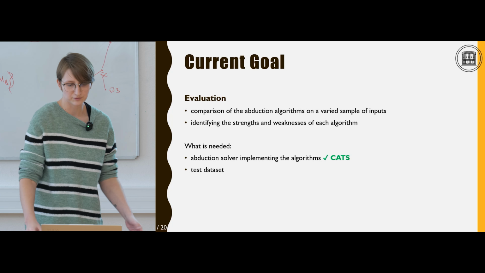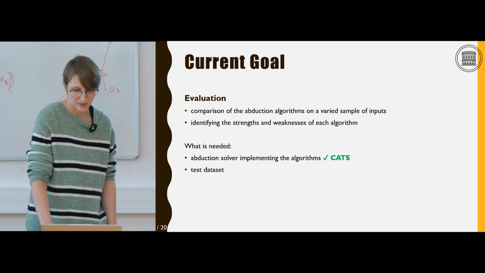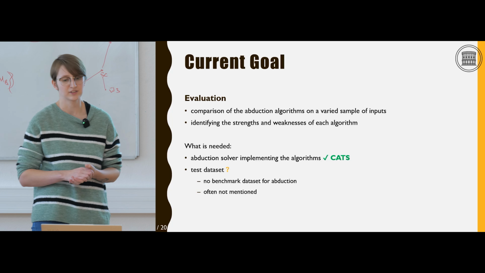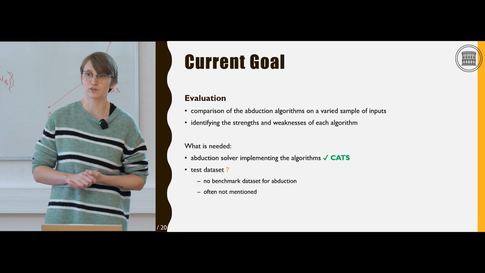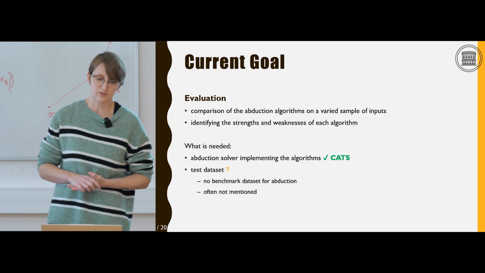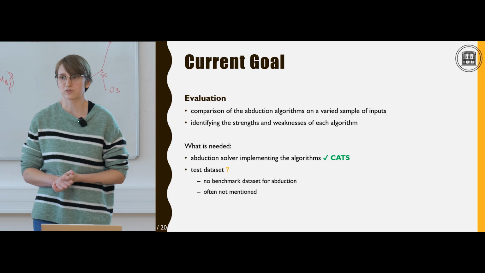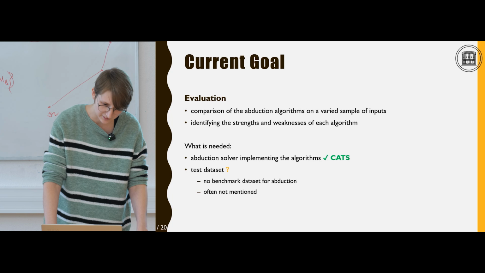Well, we have the solver, that is nice, but what about the test data set? Well, here comes an issue. There is no benchmark for this kind of problem, and also in papers the dataset details are usually not mentioned, so that is quite unfortunate.